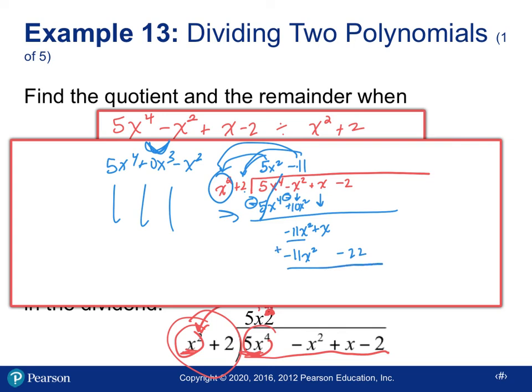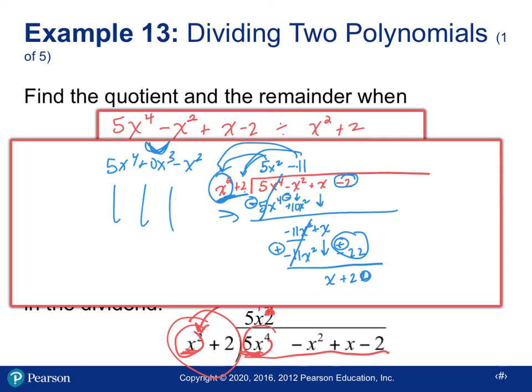Change signs, plus, these go away. You're left with x minus 22 as your remainder, because we cannot multiply x squared by anything to give us x. And let me just correct my addition here. Negative 2 plus 22 is positive 20.